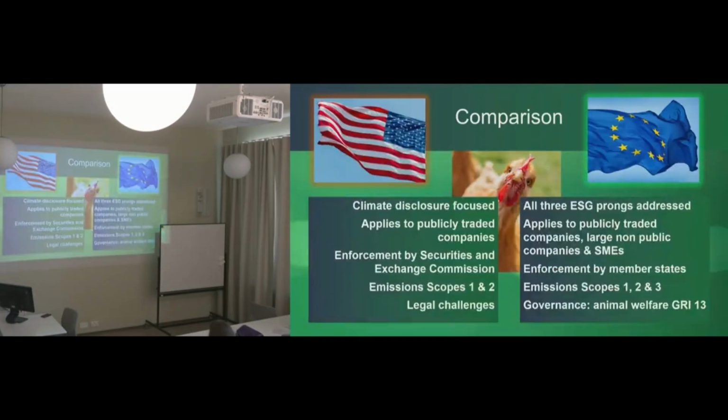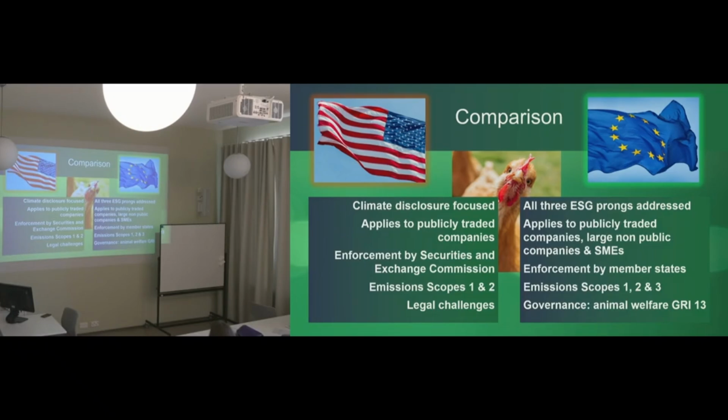So if we look at the differences, this is a very simple comparison. The US rule is climate focused, but the EU is covering all 3 prongs. The US will apply to only publicly traded companies, but in the EU we're going to be able to cover large non-public companies as well as their subsidiaries.